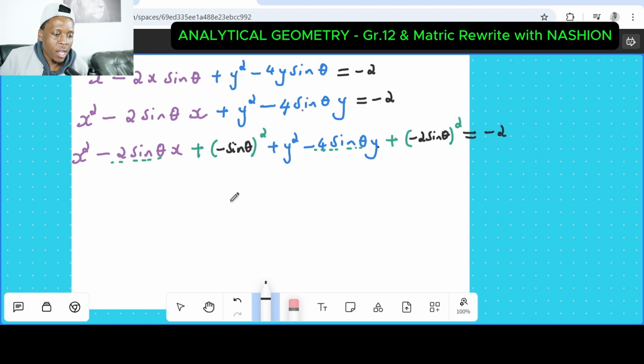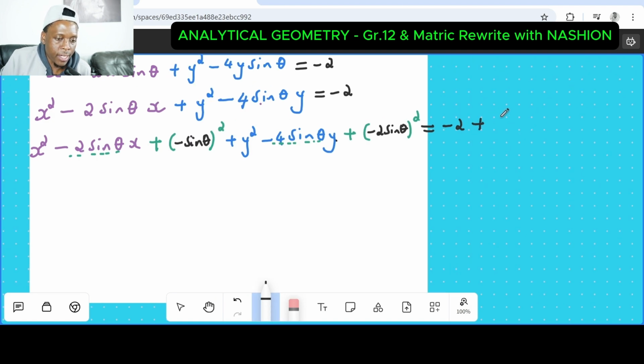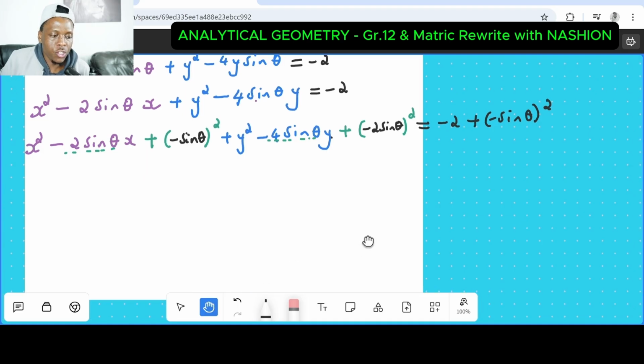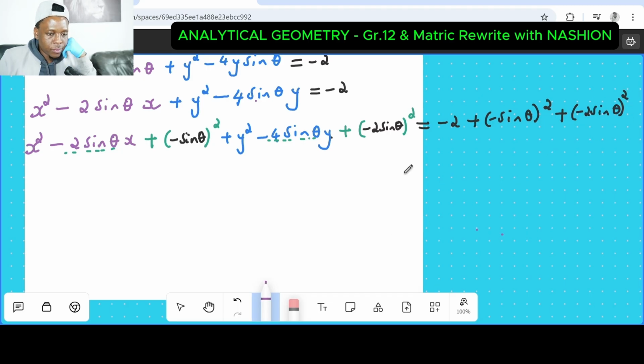But remember, what we added on the left hand side, we must also add on the right hand side. So on the left, we added negative sine theta all squared. The question is not difficult, it's just long. We also added negative 2 sine theta all squared. All right, let's complete the square. So far, we have x squared minus 2 sine theta x.